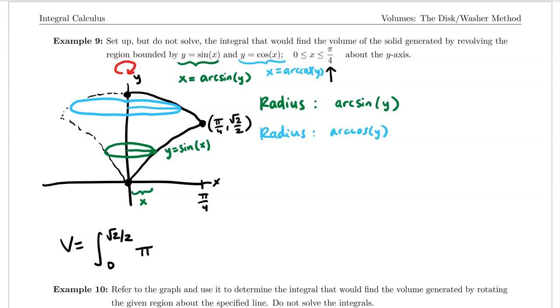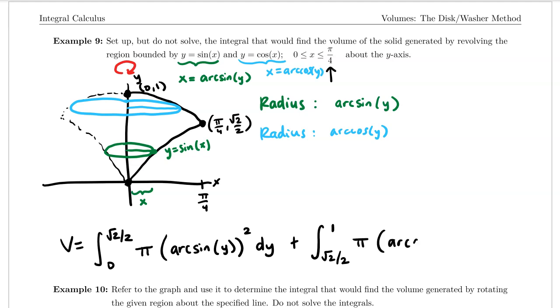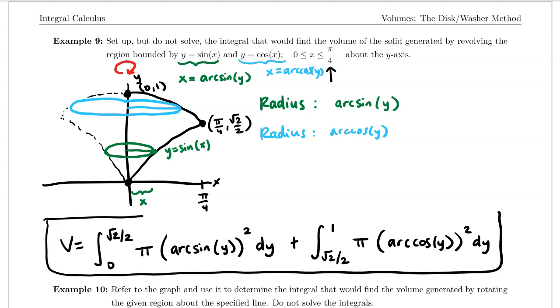So it's going to be pi times, and then our radius for the green disks, arcsine of y, quantity squared, and we're integrating with respect to y, plus our second integral will start from y equals the square root of 2 over 2 and then end at 1, because we know that the starting point for cosine is the ordered pair 0, 1. And then we have pi times the radius squared dy. And this here represents our final answer.